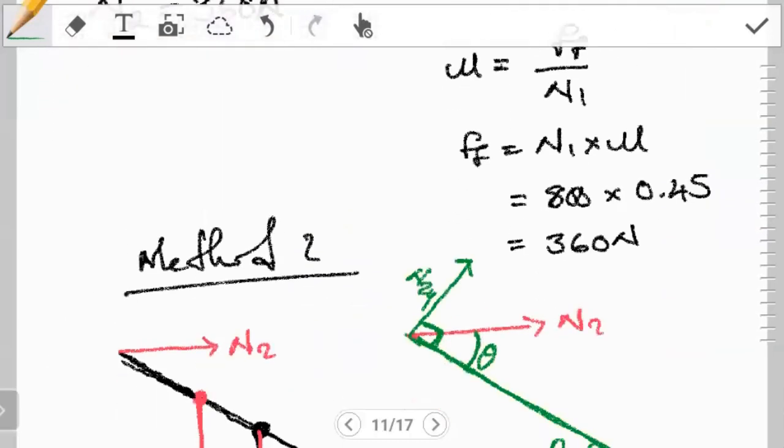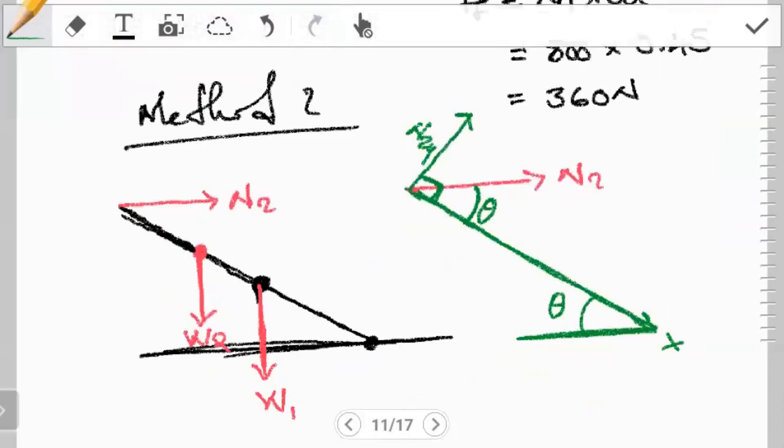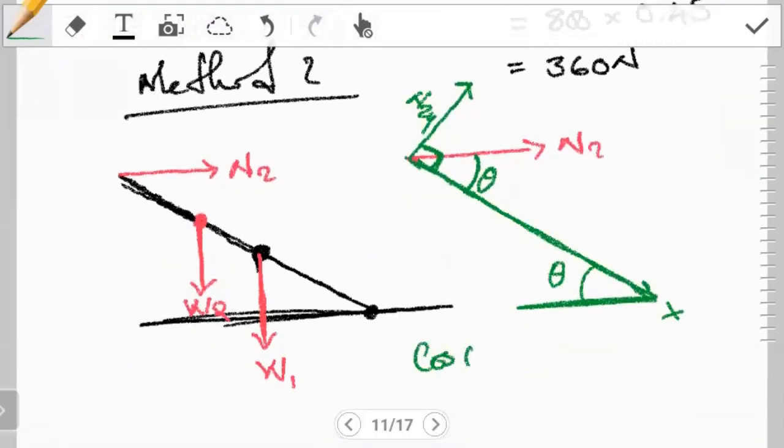So cos theta is equal to adjacent, which is 3, over hypotenuse, which is 5, and then get the cos inverse of that and show that theta becomes 53.1 degrees.